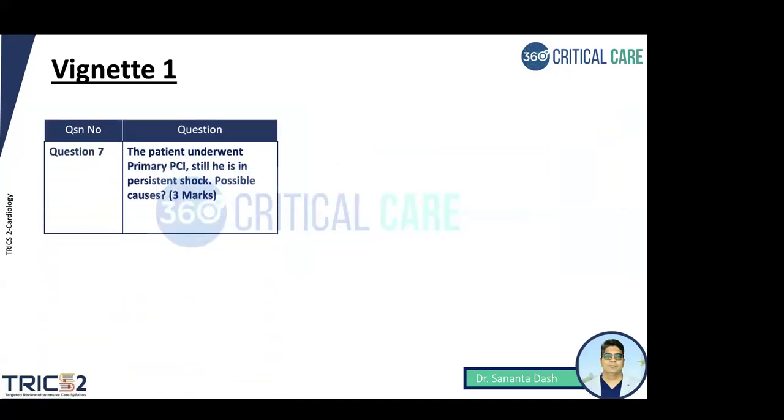All right. The patient underwent PCI. Still, he is in persistent shock. What can be the possible causes of shock in a patient who had MI, post PCI, and is still shocked? What can be the causes?